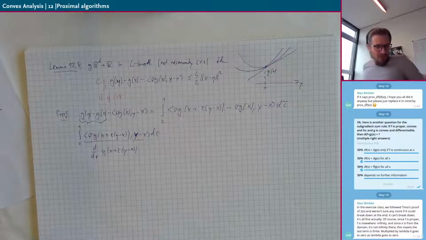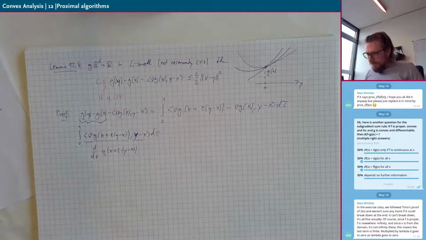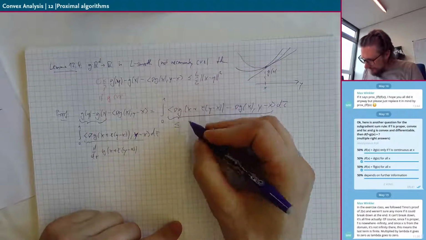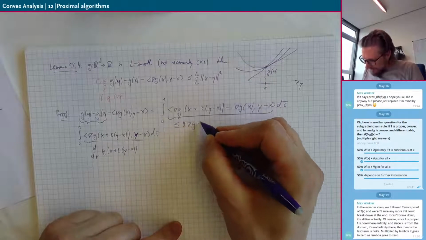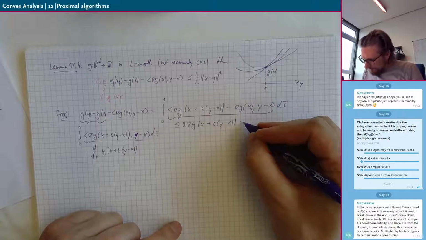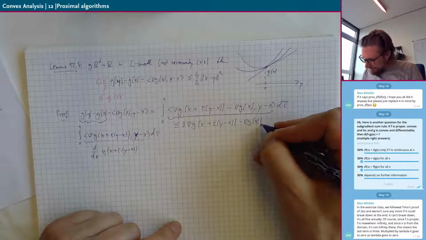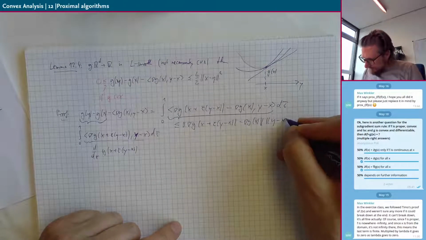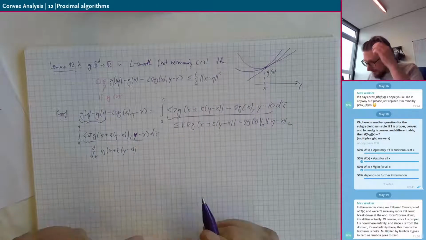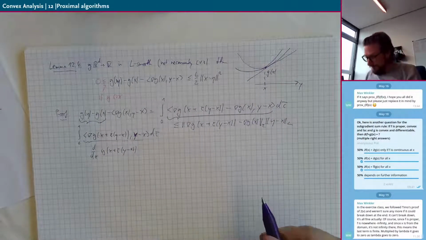So what you're going to do now is you use Cauchy-Schwarz. This gives you a difference of gradients at two different points, and the difference of x and y. So Cauchy-Schwarz. And now you're going to use L smoothness.